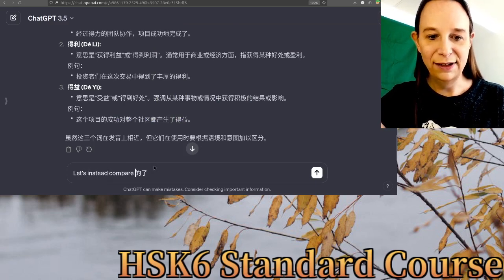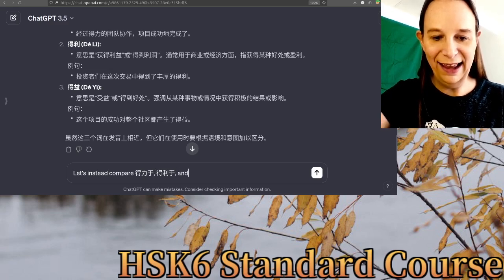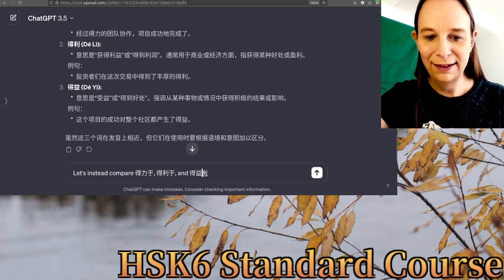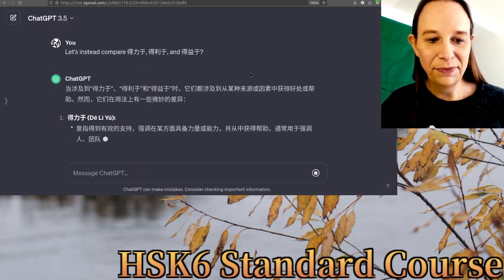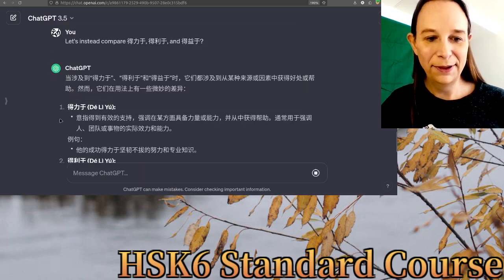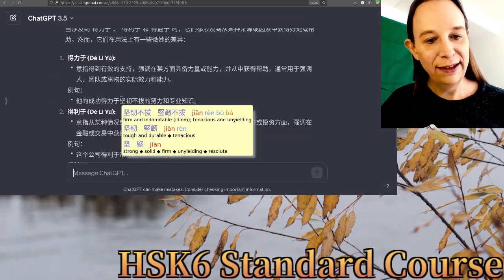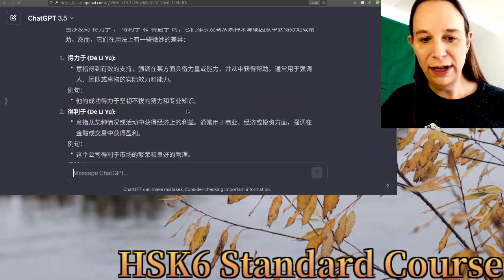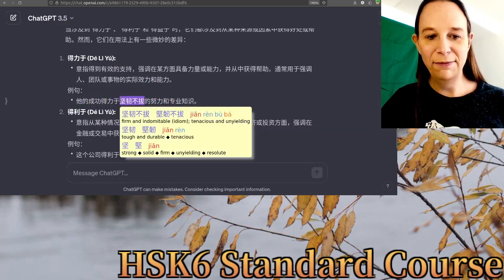compare 得利于 and 得意于, this is the one in the textbook. OK 他的成功得利于坚韧对吗？坚韧不拔 OK 坚韧不拔的努力和专业知识。Alright, so his success benefited from that.